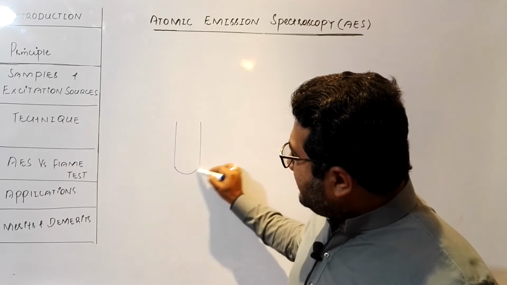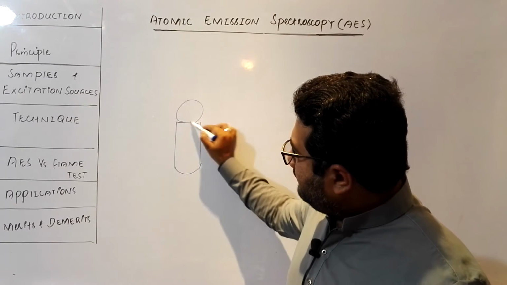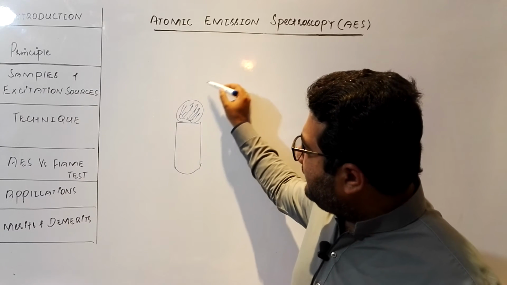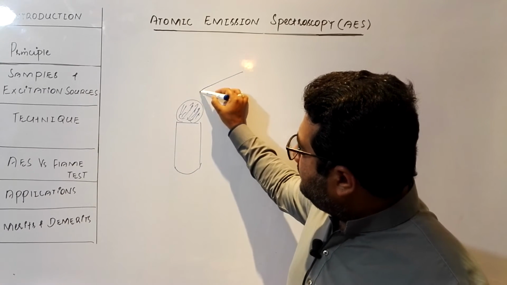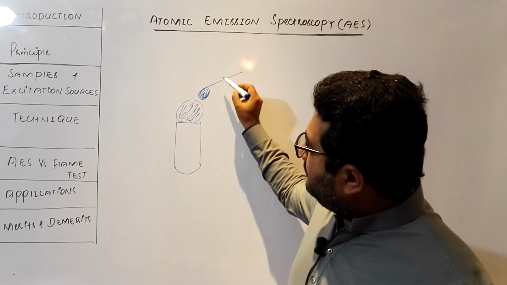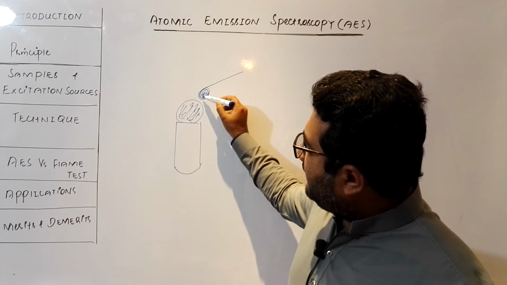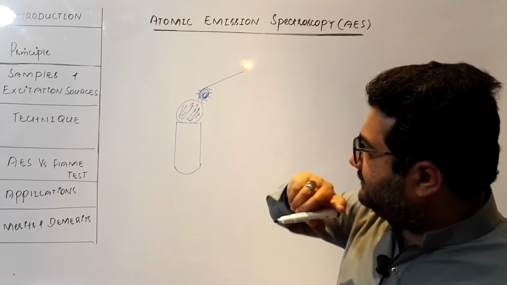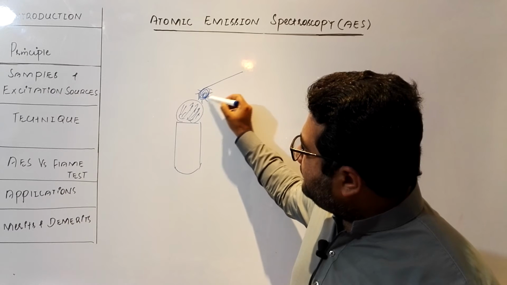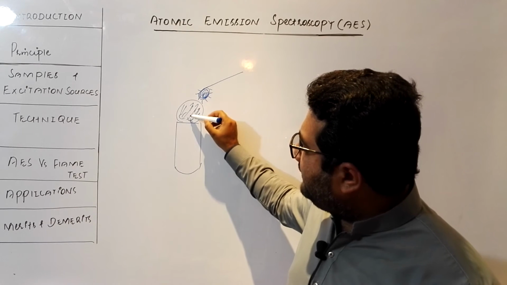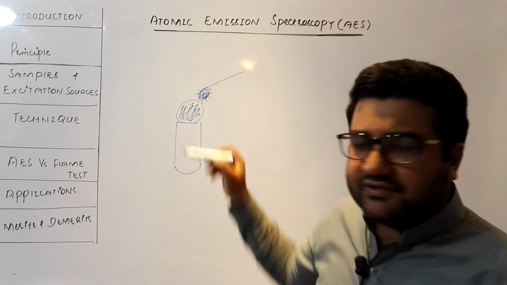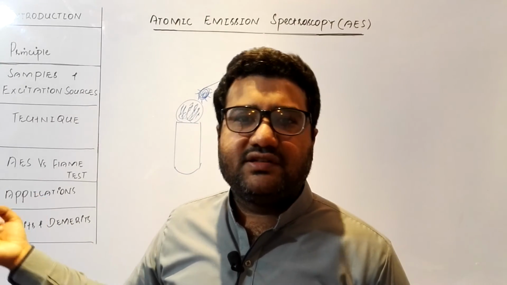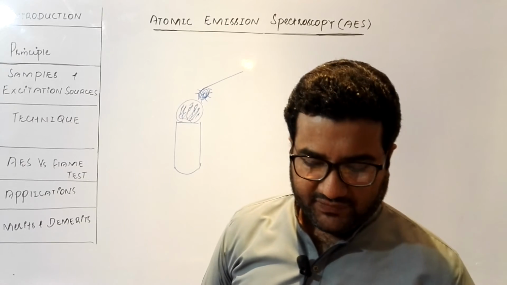The flame test has certain disadvantages. Suppose that this is flame, and you know that you take a platinum wire and at the end of the loop you place your sample, sorry, in the form of slurry or paste, and when you heat it in this flame, the color of the flame is noted, and in case of different metals the color of the flame is different, so we can detect the metal.